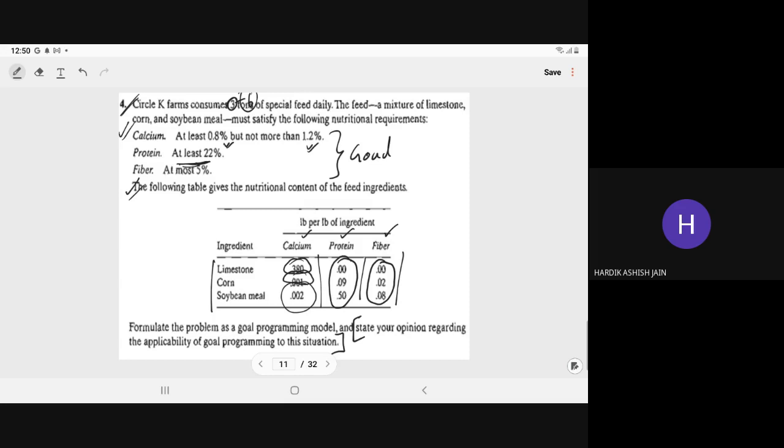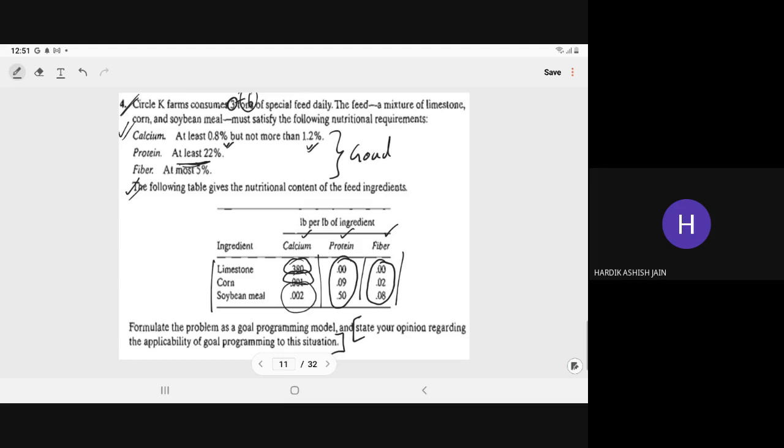Whether goal programming is applicable, should we apply? If we have a nutritional requirement, in that we cannot compromise. If there is any situation where compromise is not allowed, in that case we cannot apply goal programming.